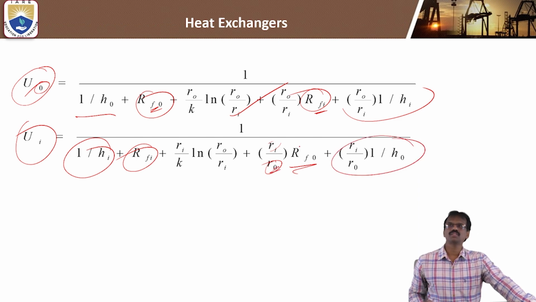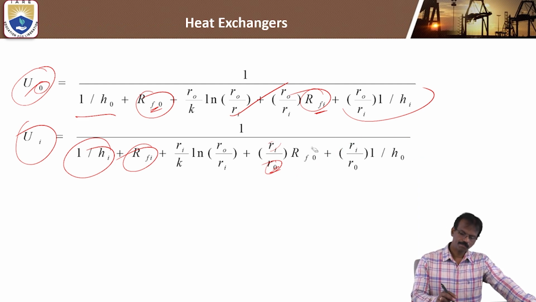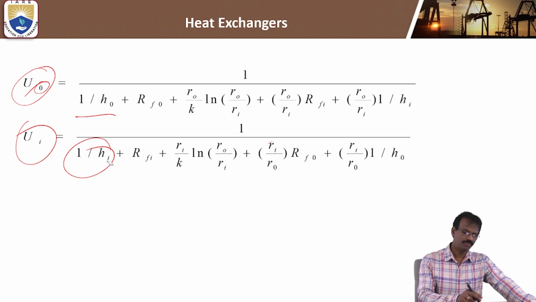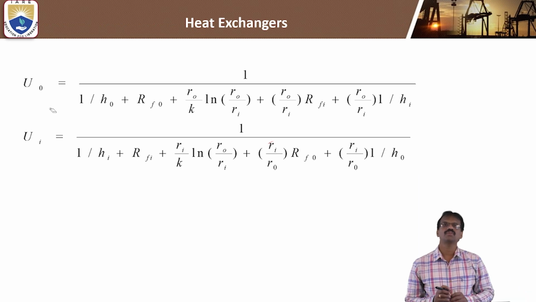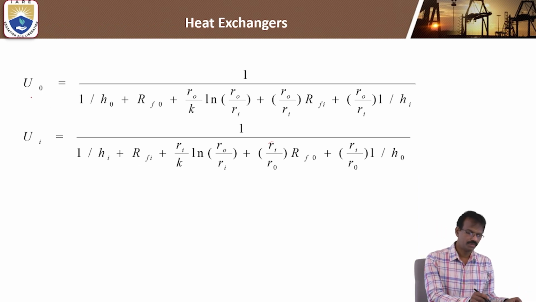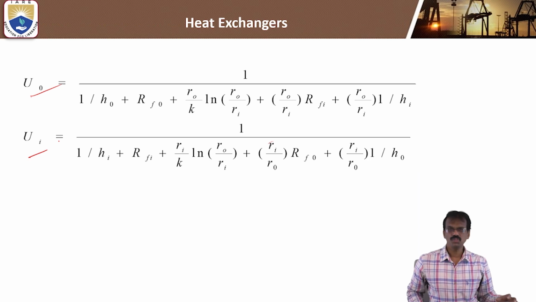Then this one is the thermal resistance of the convection process. So these are the formulas which include fouling factors: the overall heat transfer coefficient with respect to the outer surface and with respect to the inner surface. By using these formulas, we will solve one numerical.